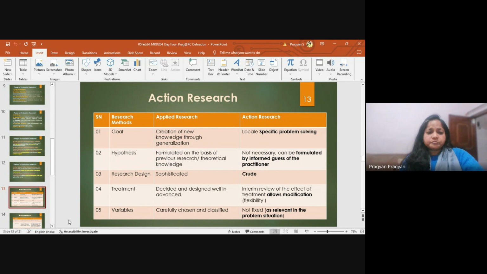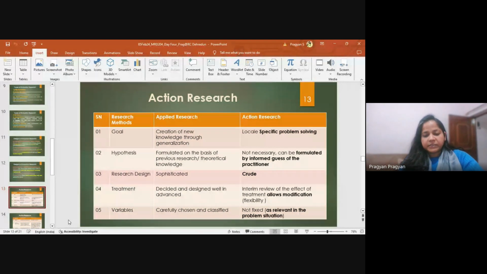incorporated. So this overall design in action research is going to be crude, not so specific. It is liberal, it is flexible, because it incorporates everything which is going to, number one, diagnose that particular problem, number two, solve that particular problem by a specific intervention.